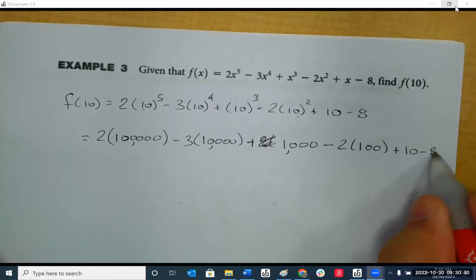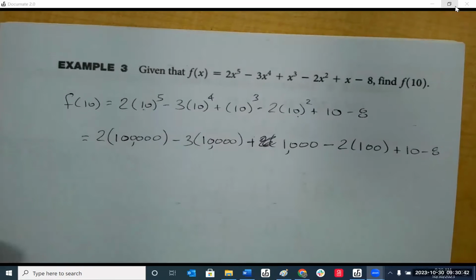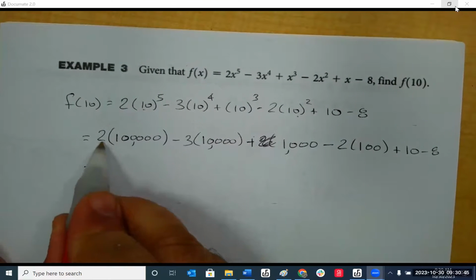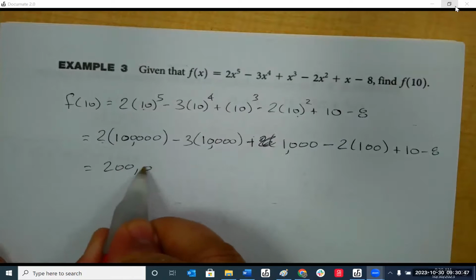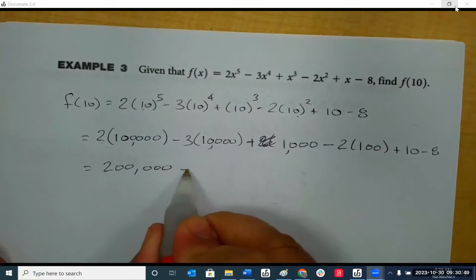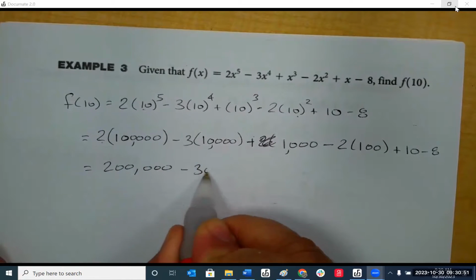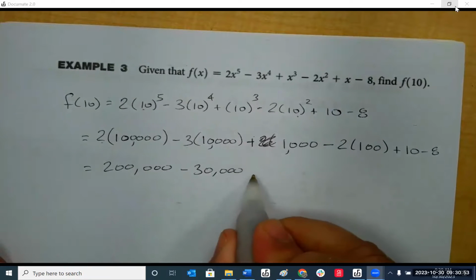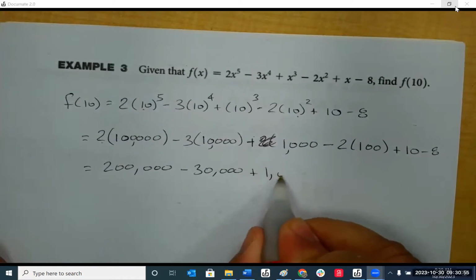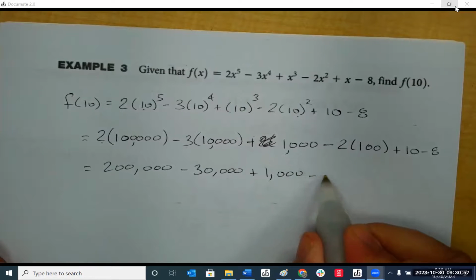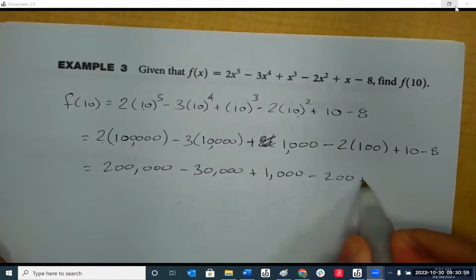And then 10 minus 8. Which times 2 is 200,000. Times 3 is 30,000. 100.